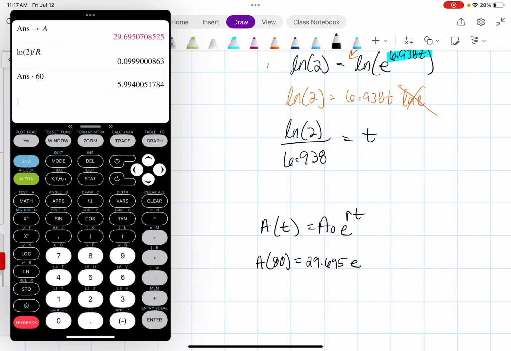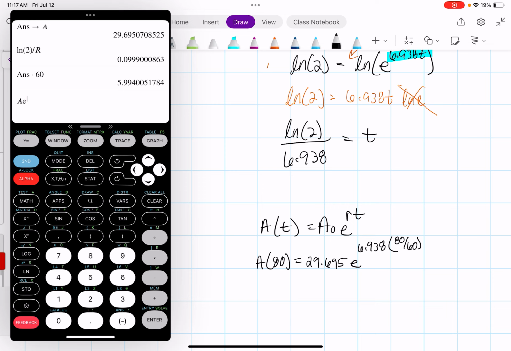e to the r, well, r was 6.938, and t needs to be in hours, so it's 80 minutes over 60 minutes. And that should then be able to be typed in directly. Remember I have that 29.695 number stored as a, so I go a, and then second e raised to the 6.938.